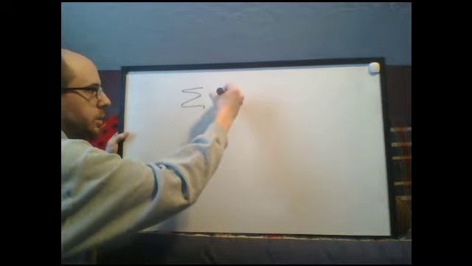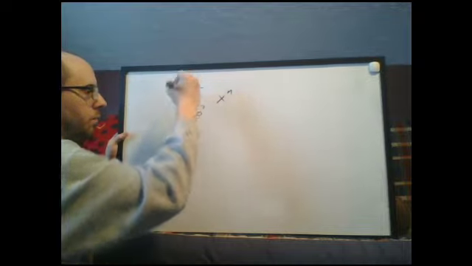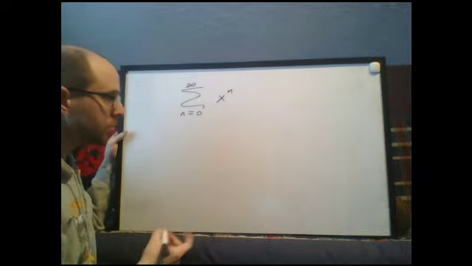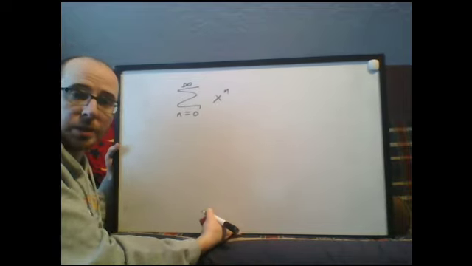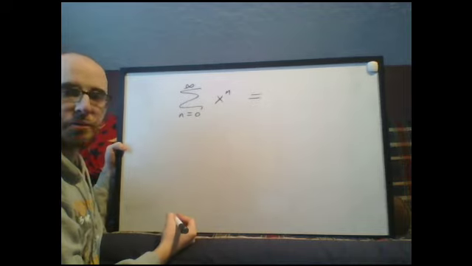So last time we talked about the power series summation of x to the n from n equals 0 to infinity. This is just a geometric series. We know what its value is.